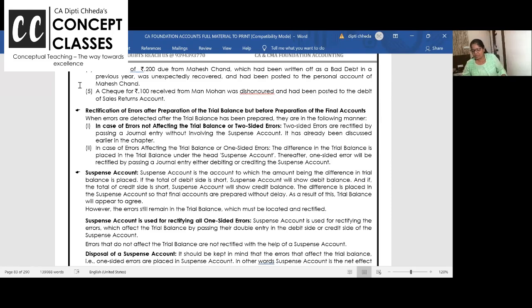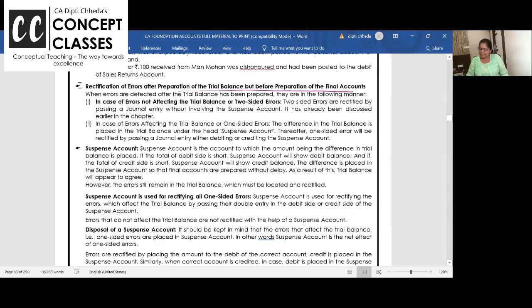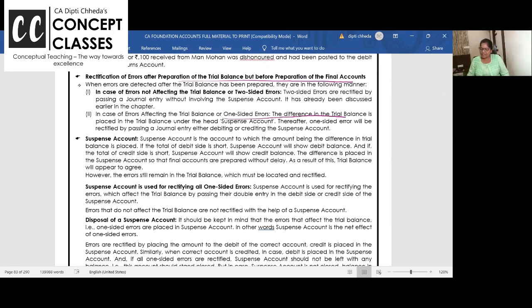Okay? Right. Let's go. Rectification of error after preparation of the trial balance, but before preparation of the final accounts. In that case, we have one-sided errors, and for that we have to prepare the suspense account. Suspense account is an account to which the amount of difference in trial balance is placed. If total of debit side is short, suspense account will show debit balance.